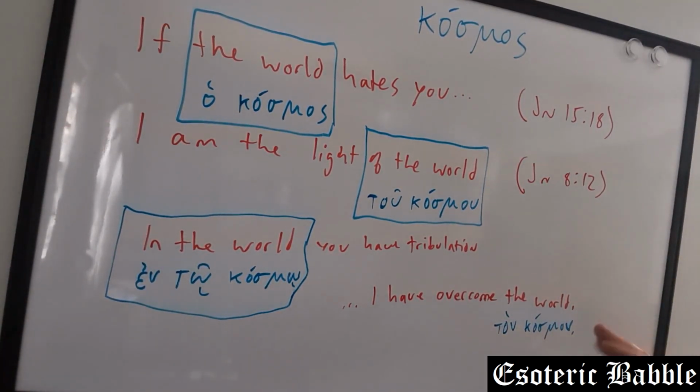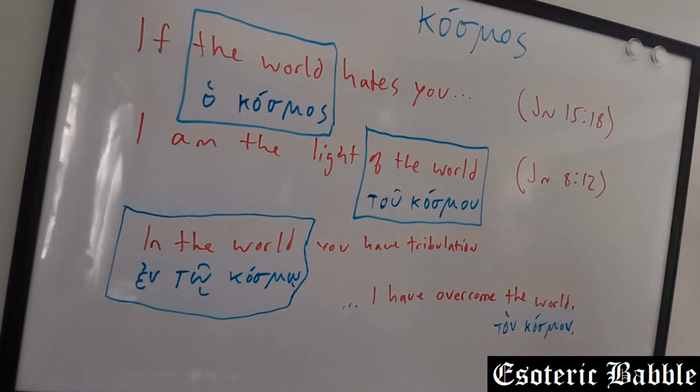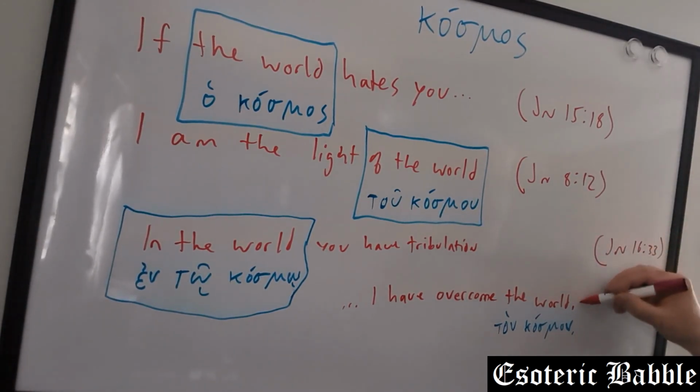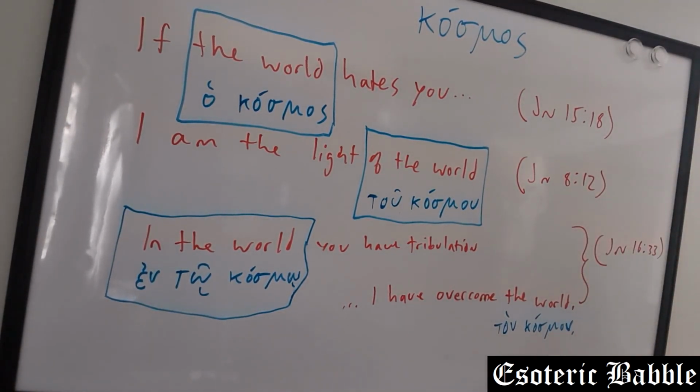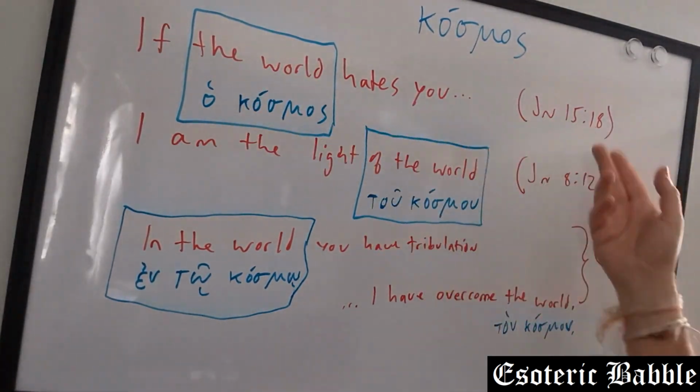Now, one thing to pay attention to, if we look at the first one and the last one, let's put both of these here. Notice if we just look at the English, I have overcome the world. If the world hates you.